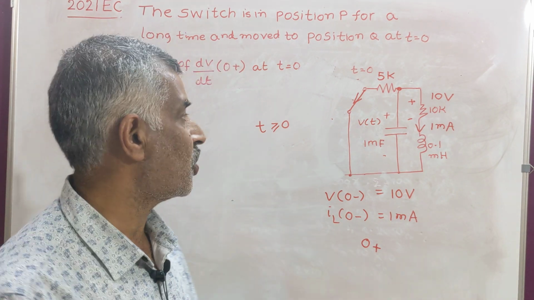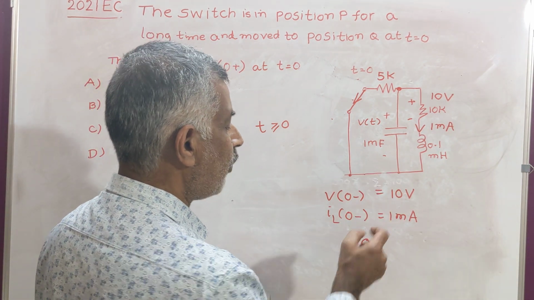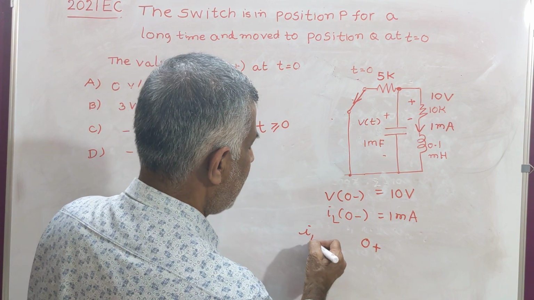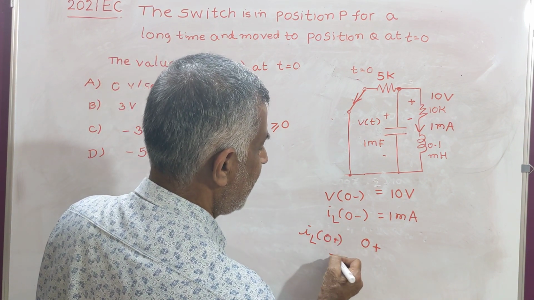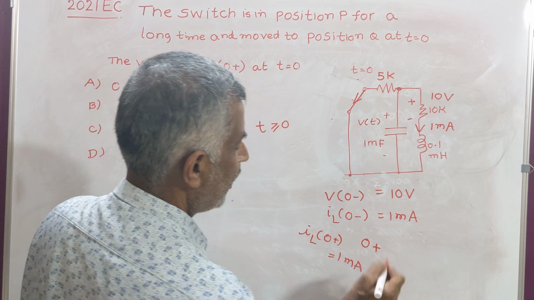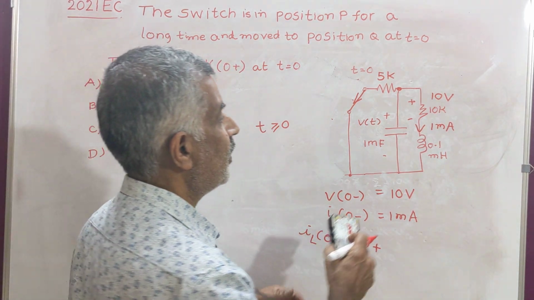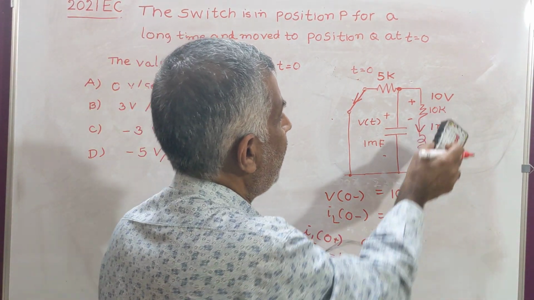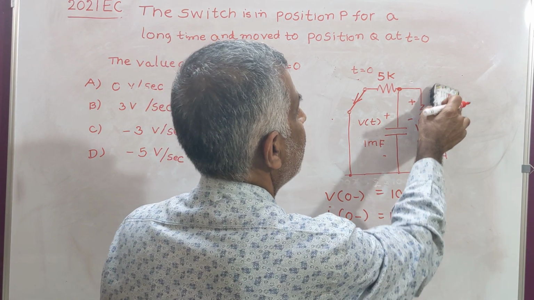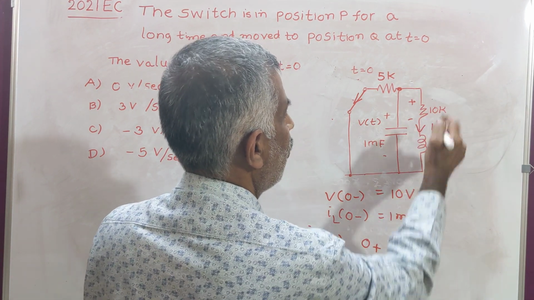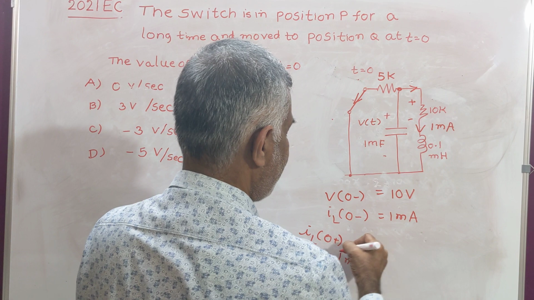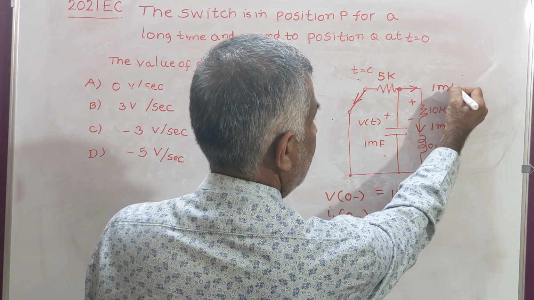Inductor is nothing but inertia. Therefore, at t equal to 0 plus also, IL0 plus is the same as 1 milliamp. Therefore, I will write IL0 minus equals IL0 plus equals 1 milliamp.